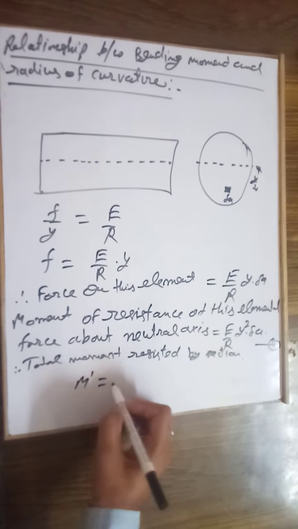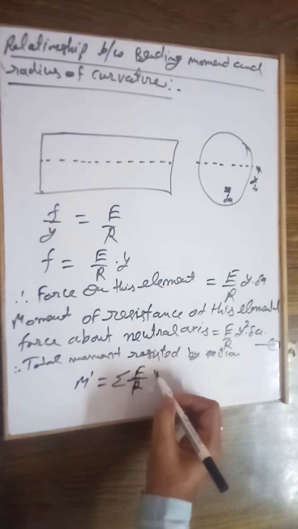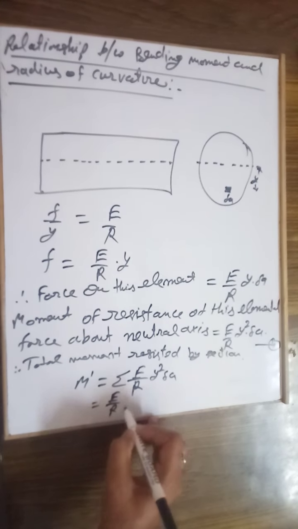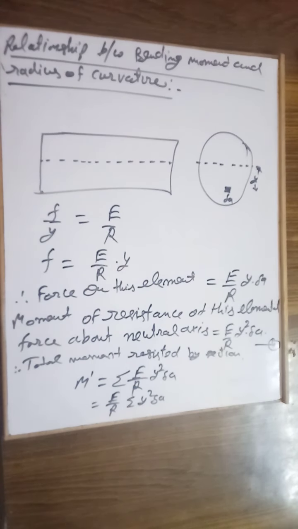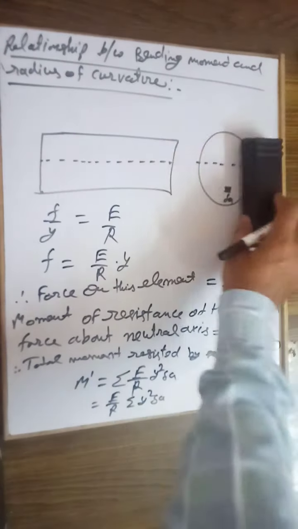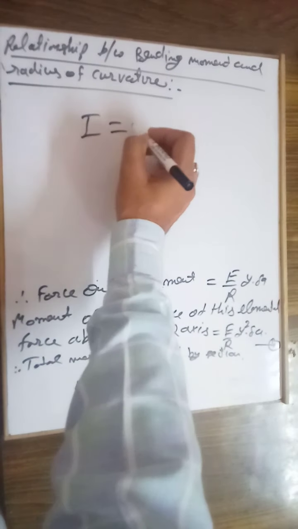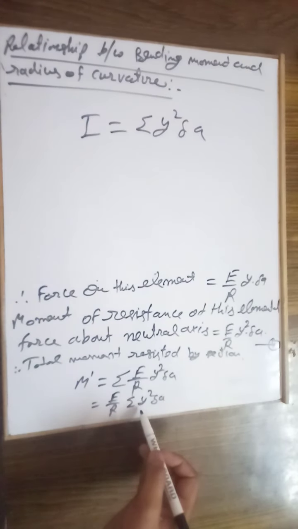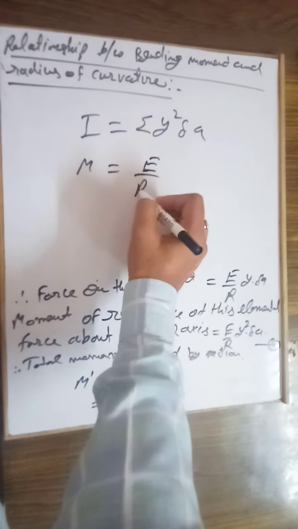So we can represent it as M dash, that is sum of E upon R y square delta A, or we can also write it as E by R sum of y square delta A. From the definition of moment of inertia, the second moment of area about the centroidal axis, we know that I is sigma y square delta A. So in place of this term in this equation, we can write I. So M dash is now E by R into I.